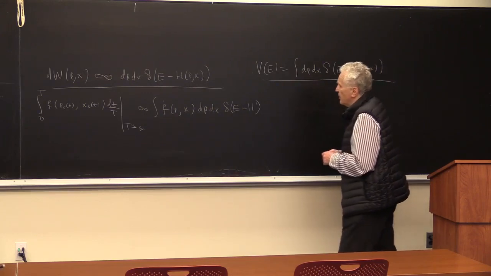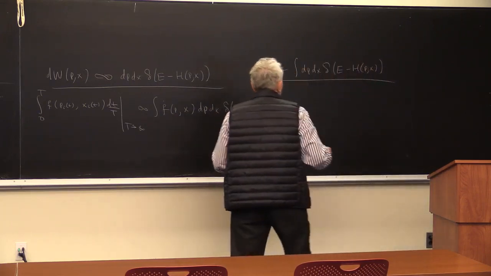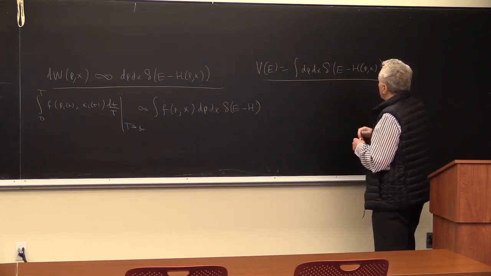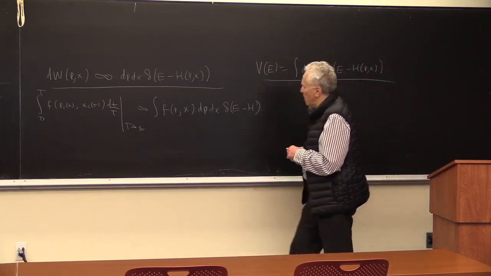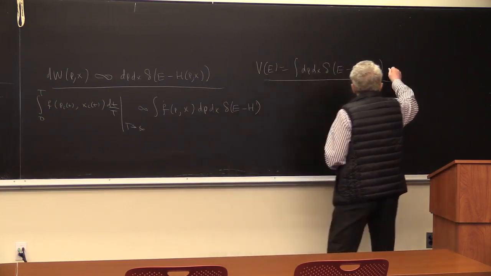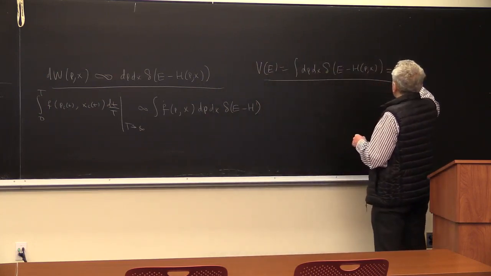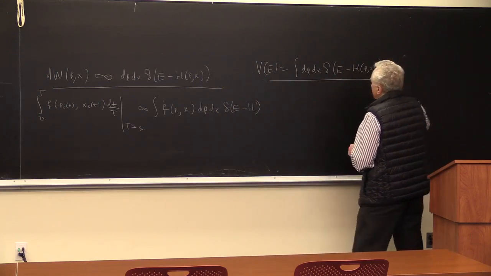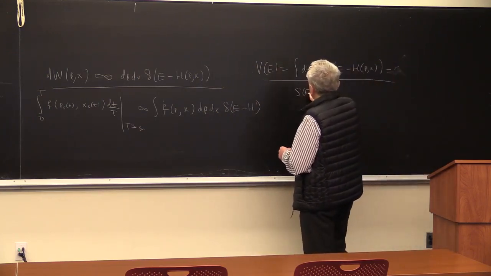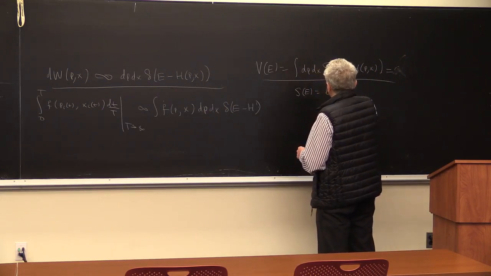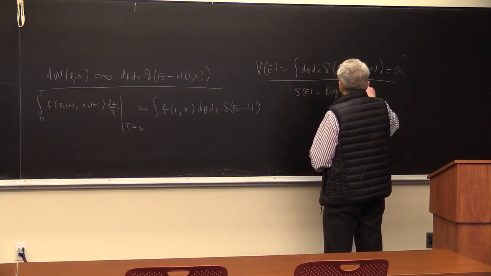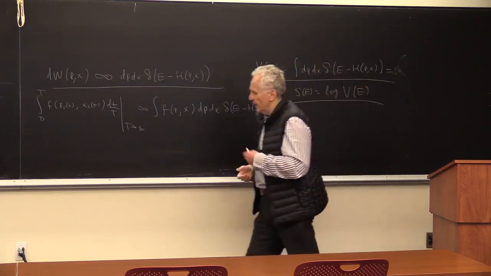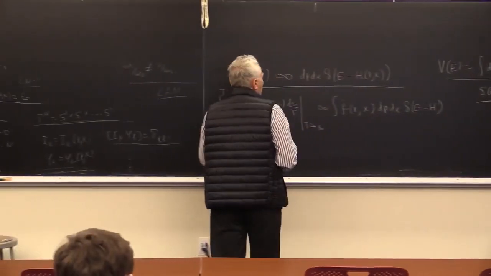It has a very important physical meaning, namely, it has all the properties of the entropy. The entropy is defined simply by the logarithm of the volume in which the system moves.